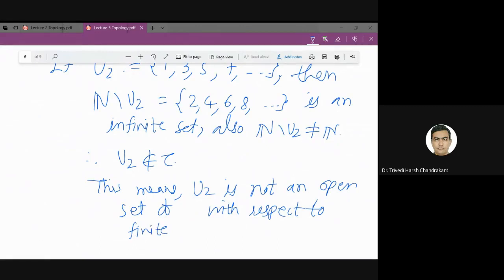I can more precisely write: this set of natural numbers with respect to the finite complement topology.